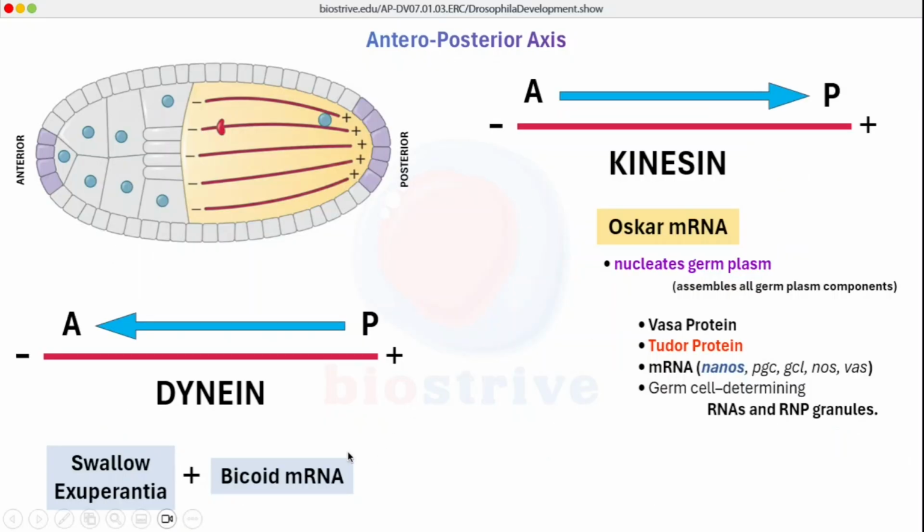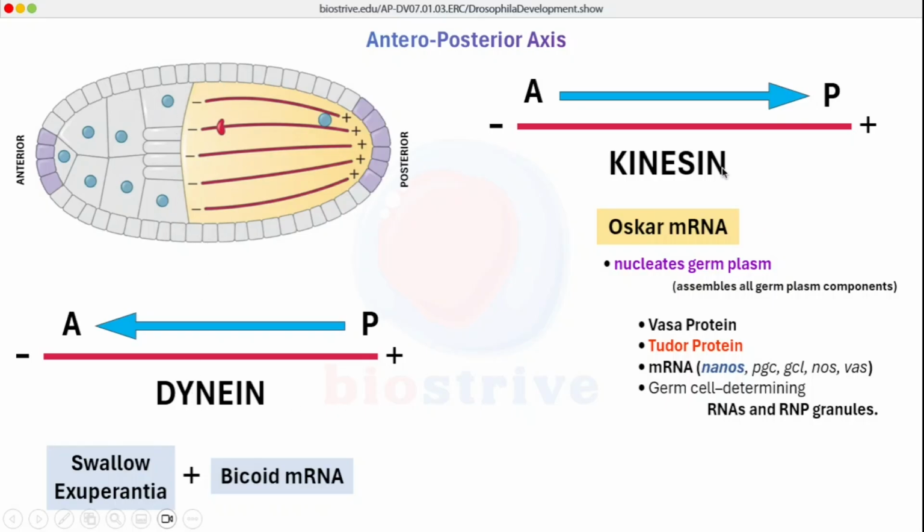There are two specific proteins which are Swallow and Exuperantia. These specific proteins will make a complex with bicoid mRNAs, and they will be attached to the dynein, and dynein carries these bicoid mRNAs as well as Swallow and Exuperantia proteins toward the anterior end of the developing oocyte.